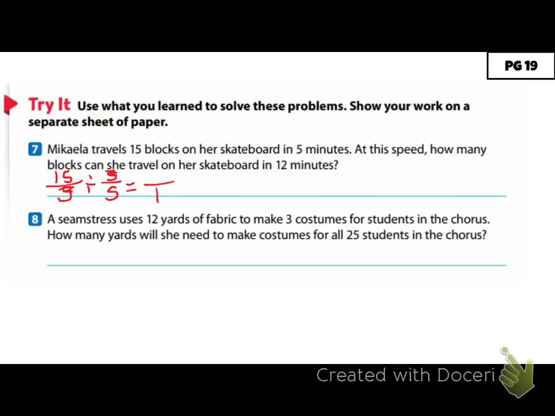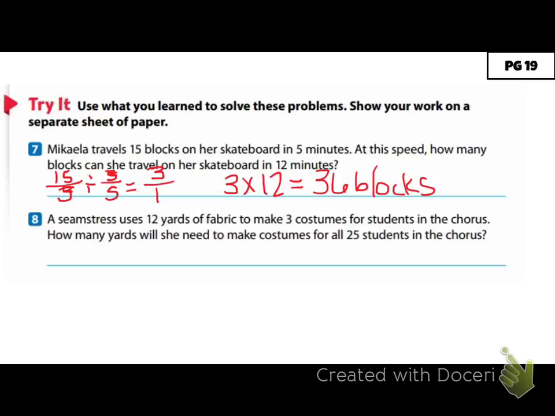That gives us the bottom number of 1, and 15 divided by 5 gives us 3. So she can go 3 blocks in 1 minute. So we take our 3 blocks times the 12 minutes to figure out how many blocks she would go in 12 minutes. So 3 times 12 gives us 36 blocks.